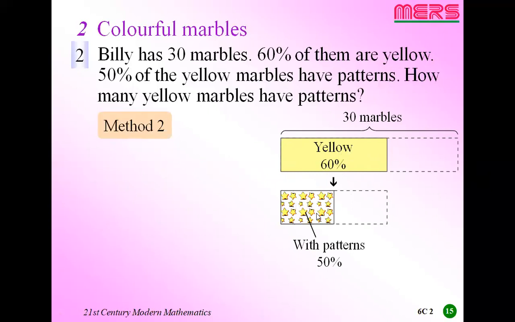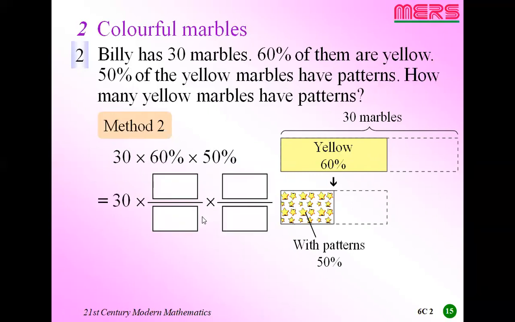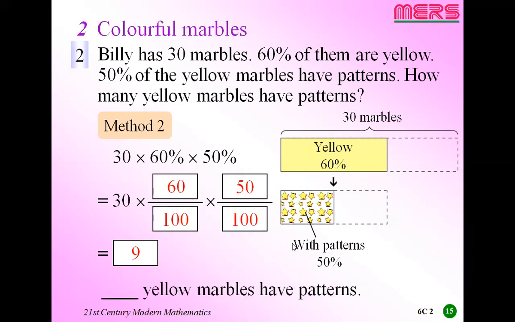So if you want to do it in one go, we can basically do 30 times 60% times 50% to find the total number of yellow marbles that have patterns. So you can see the calculation. Just change the percentage into a fraction in the second step, and then do all the simplification and calculation, and we can find the answer as 9.